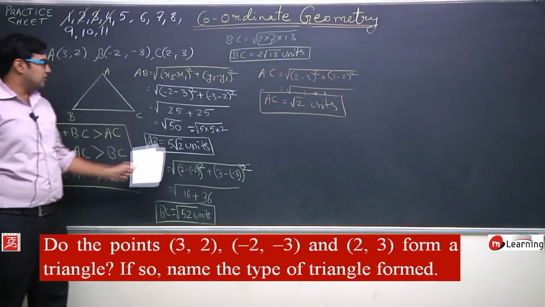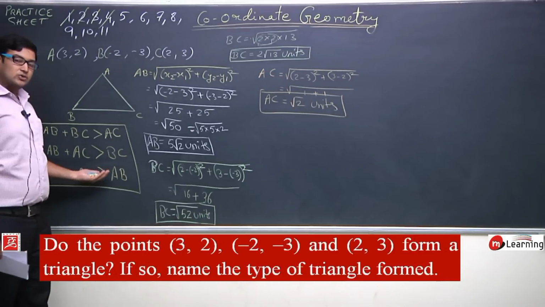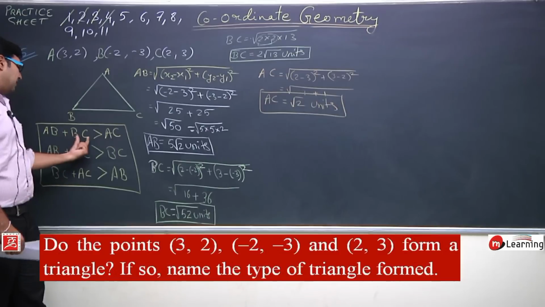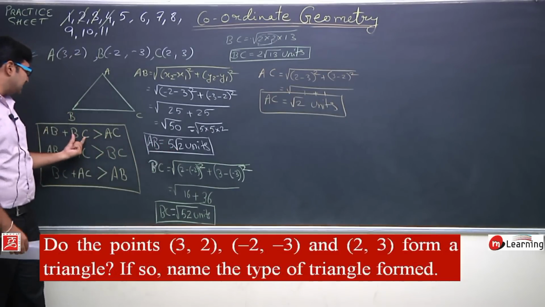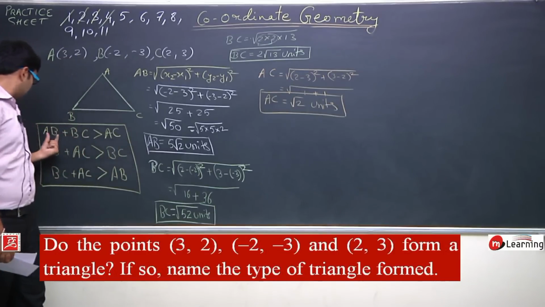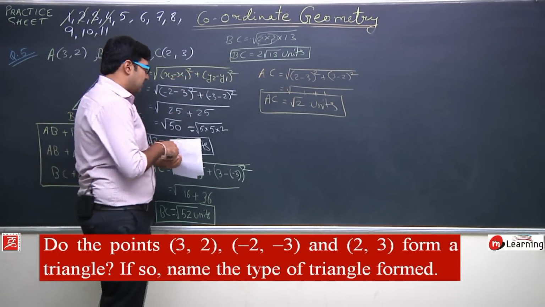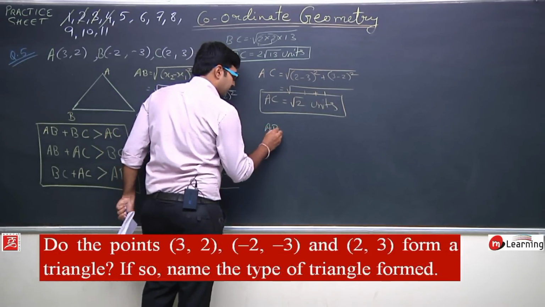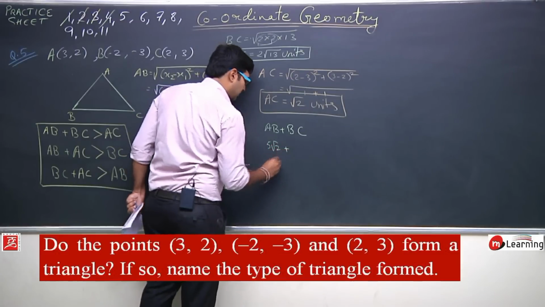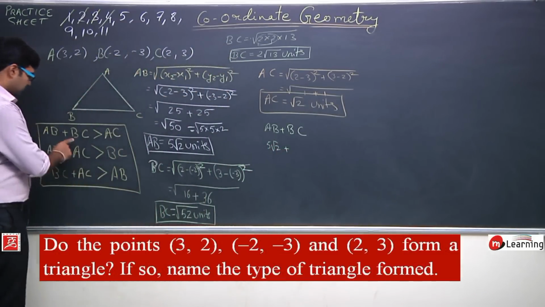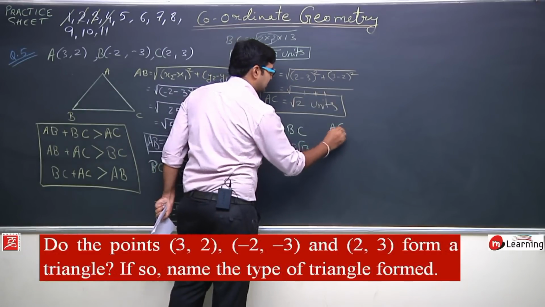So we have the length of all the three sides. Now we need to check this condition. First is AB plus BC. AB is equal to 5 root 2 and BC is 2 root 13. So AB plus BC, AB is 5 root 2 and BC is 2 root 13, and AC, what is AC?